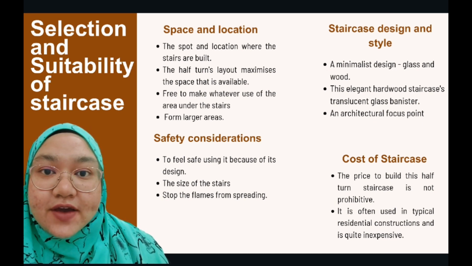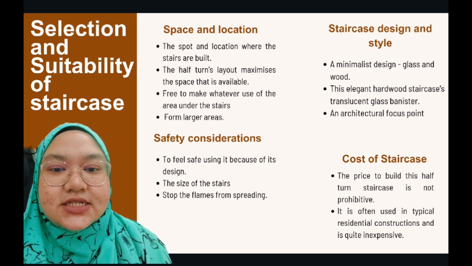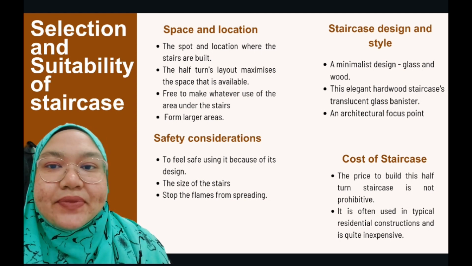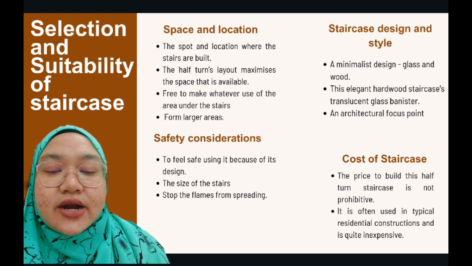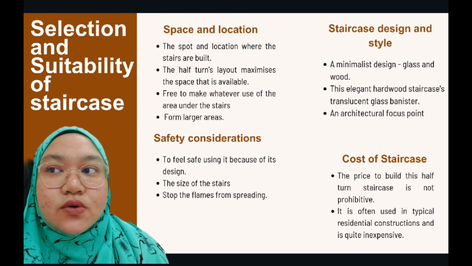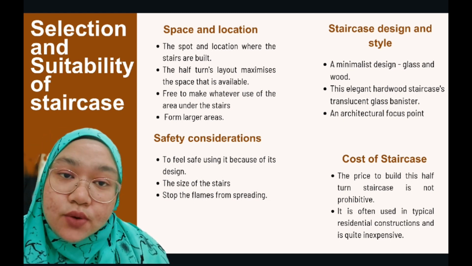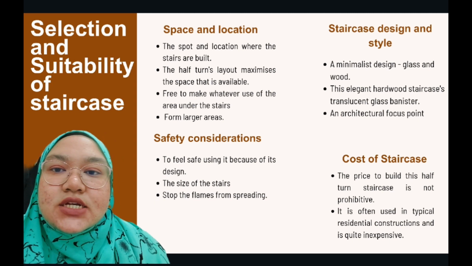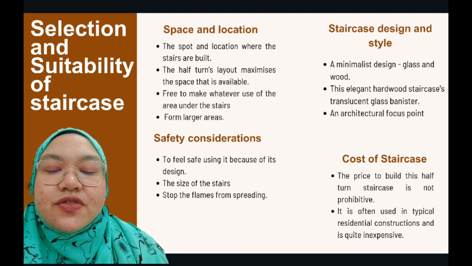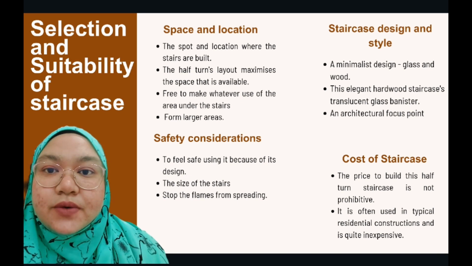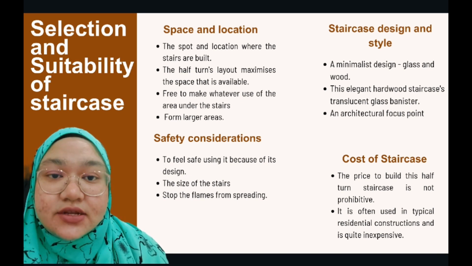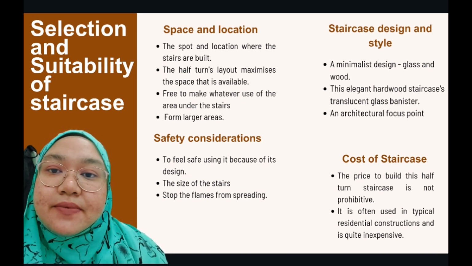There are a few factors that I can explain, starting with space and location. The space and location where the stairs will be built are in the house corner, according to the layout plan for our project. So the half turn with glass balustrade staircase is the most appropriate and accurate choice for the type of step.